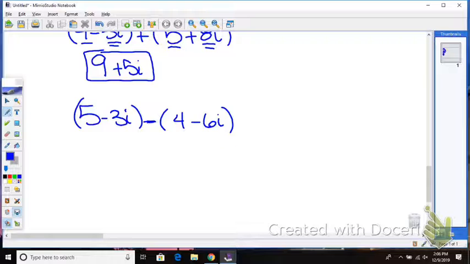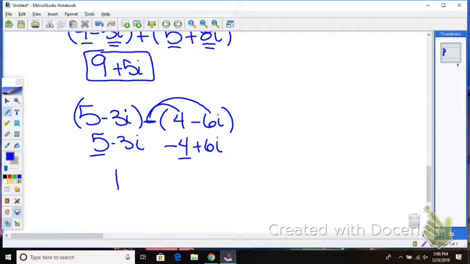So we distribute and change our signs, and this becomes minus 4 plus 6i. Then you do what you just did when you added: think of no parentheses and combine like terms. So 5 minus 4 is 1, and negative 3i plus 6i is plus 3i.